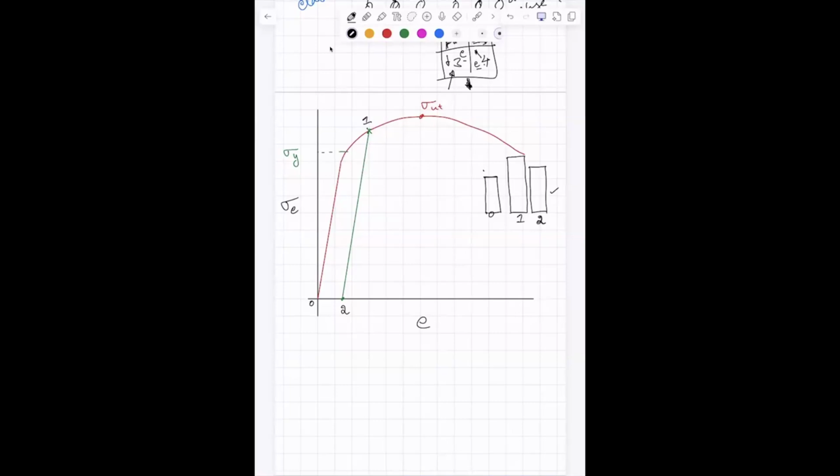Let us say corresponding to this, that is sigma 1. Now, if I take specimen 2, I do a fresh uniaxial tension test, because I have unloaded it. Now it is as if it's a virgin specimen. I have unloaded it, and now I take the uniaxial tension test.